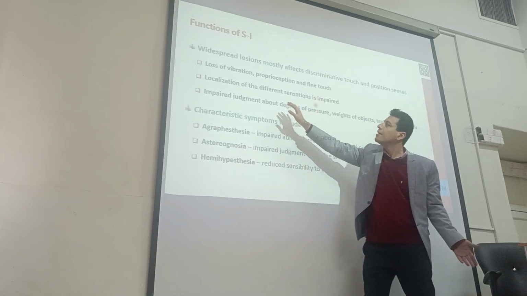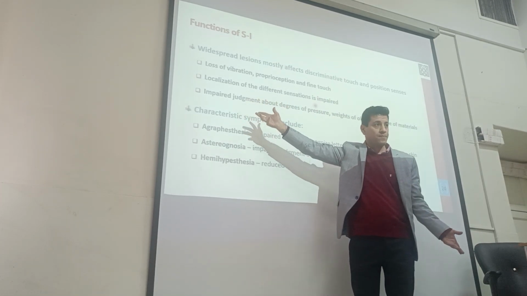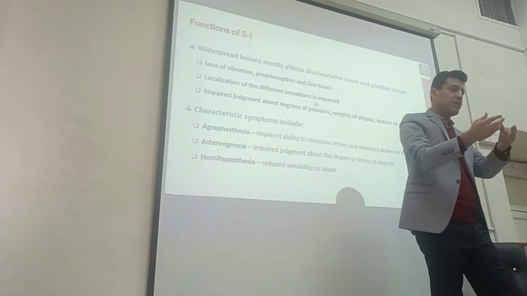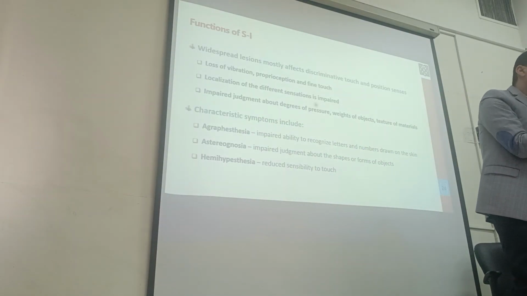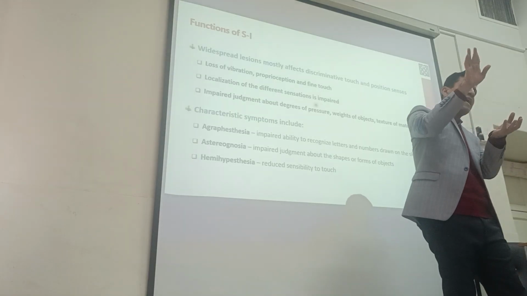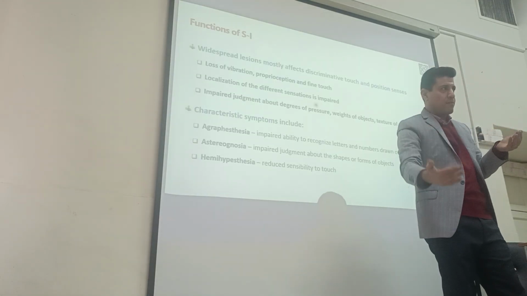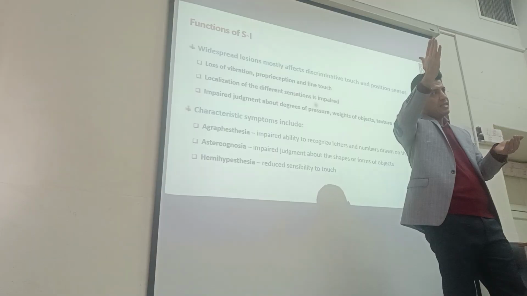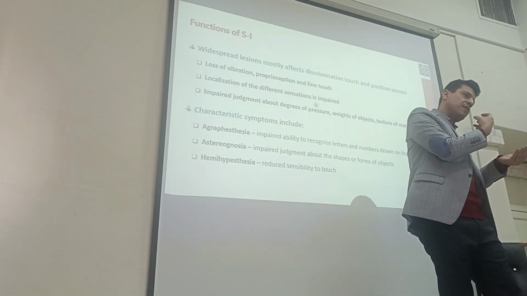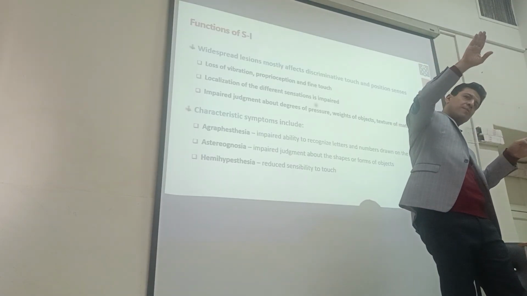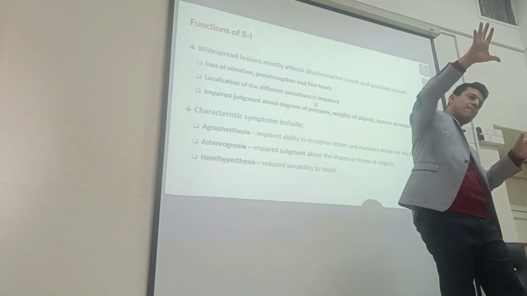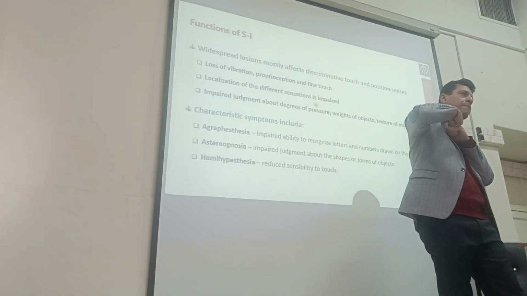What else? Localization is lost, based on the activation of neurons in somatosensory area 1. Remember, we have a map of the body. Toes are represented medially, right? Face is represented laterally. Now imagine that this map is removed, right?